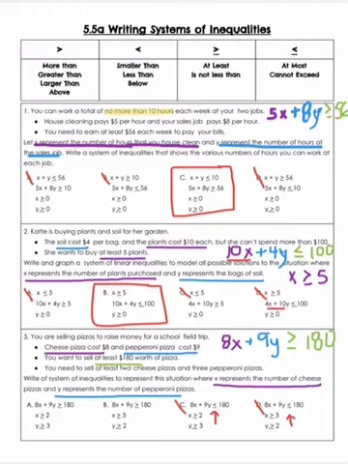We need to sell at least 2 cheese pizzas, and cheese is X. So we can sell more than or equal to 2 cheese pizzas. So we'll look at our answer choices, and it looks like A has the correct one and B does not. So A is our answer choice for that one.